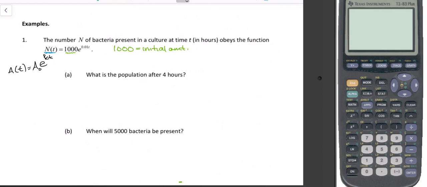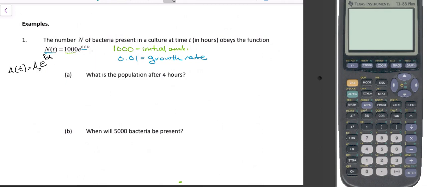And then we've got our e, and then notice that the value in front of t is positive. That's because this is a growth problem and not a decay problem. But that 0.01, that's representing our growth rate. So that's the rate in which this bacteria is growing. And then, of course, you have your t for time.